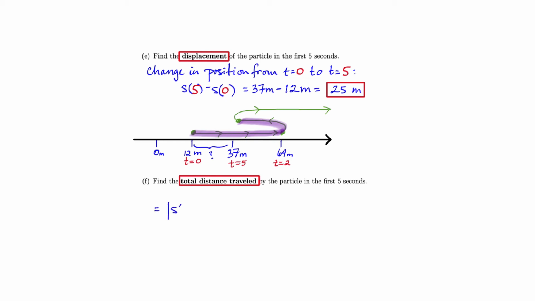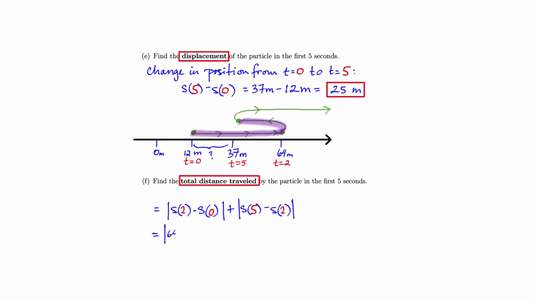Well, we just have to get the distance for the first 2 seconds, so that's absolute value of s of 2 minus s of 0, plus distance traveled in the next 3 seconds, from s of 2 to s of 5, but we have to take the absolute value, because remember, distance is always positive. We don't want any negative distance.